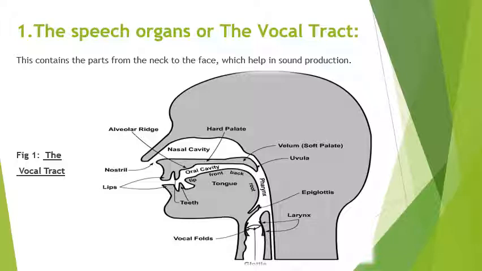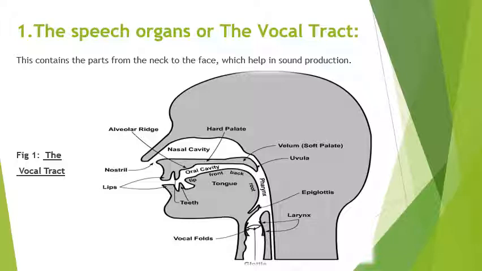And as you can see on the slides, we have places like nostril, alveolar ridge, nasal cavity, hard palate, velum, which is called soft palate. We have uvula, epiglottis, larynx, vocal folds or vocal cords, teeth, tongue, which has the tip of the tongue, front of the tongue, back of the tongue, and root.